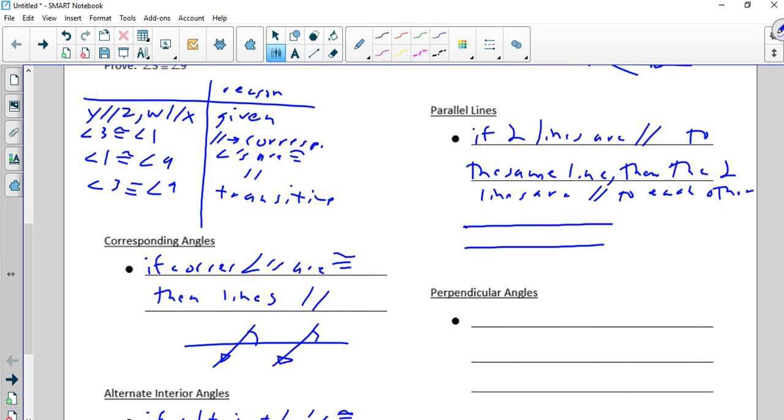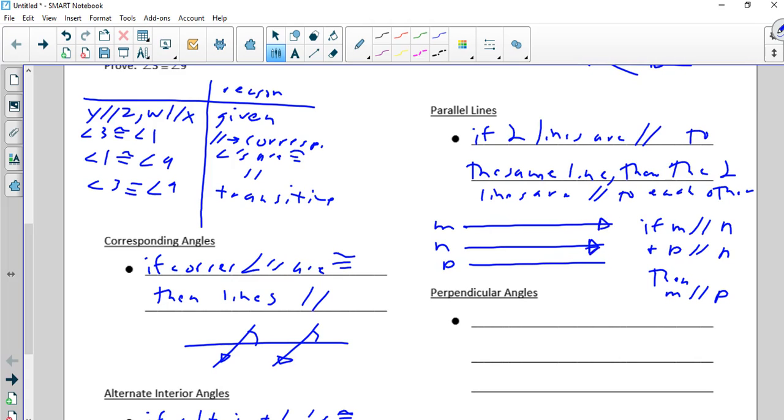So I have M, N, and P. I say if M is parallel to N and P is parallel to N, since they're both parallel to the same line, then M is parallel to P. So it's kind of a transitive property here. If we know this is parallel to this, and this one is also parallel, then they're all three parallel, really.